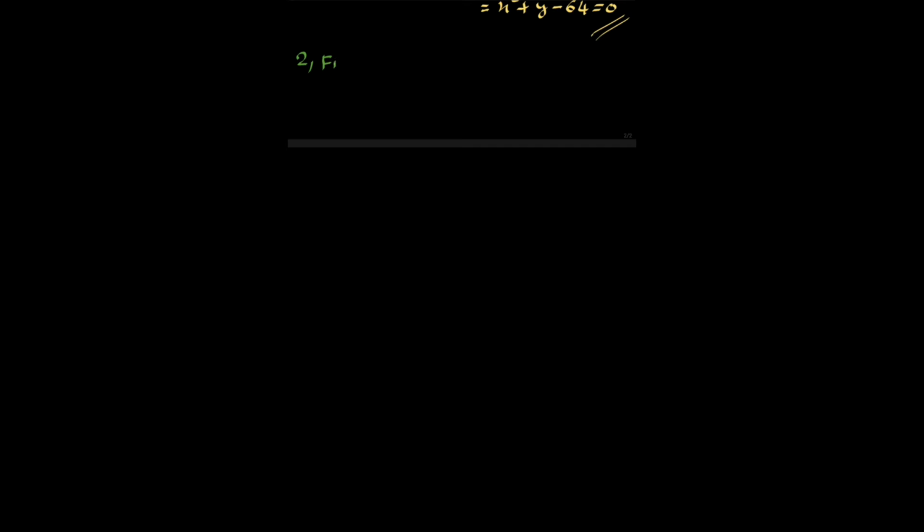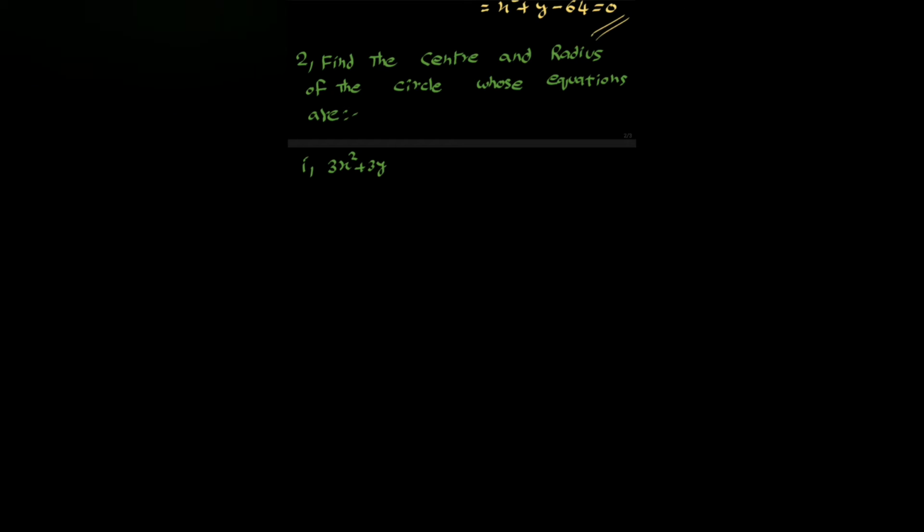Find the center and radius of the circle whose equations are, so in that first one, 3x square plus 3y square minus 5x minus 6y plus 4 equal to 0.